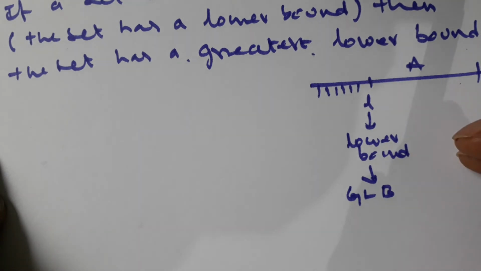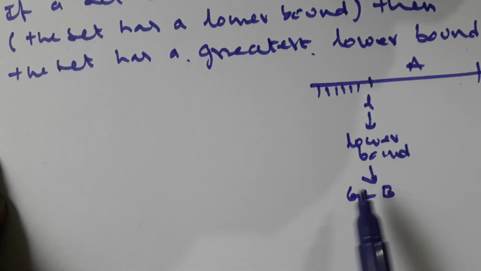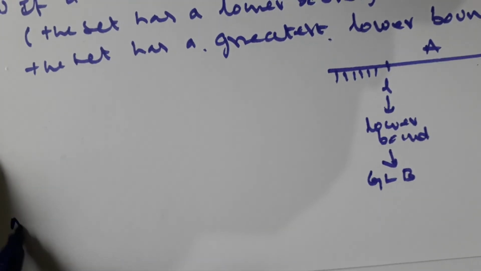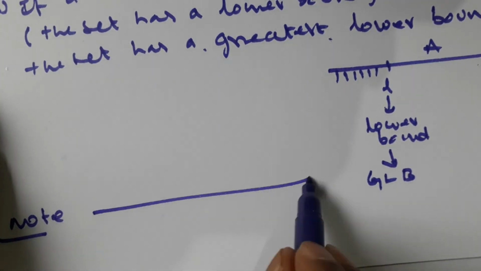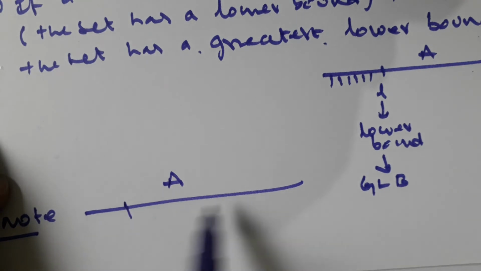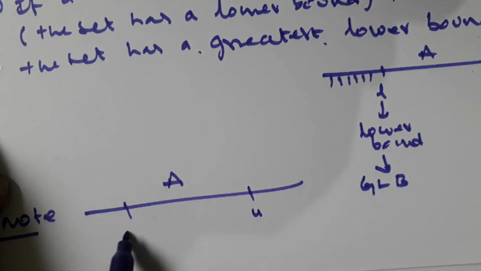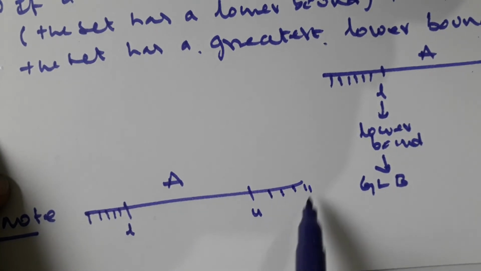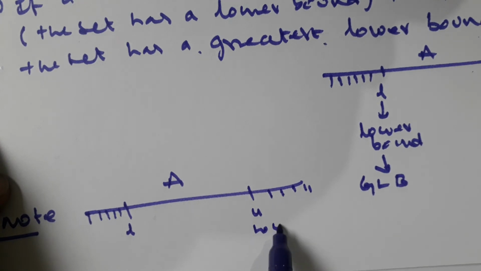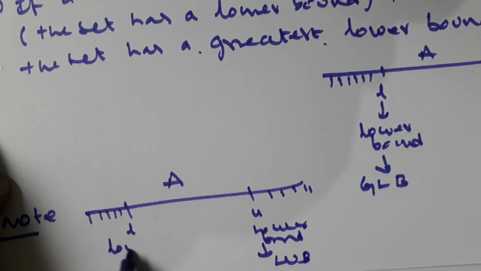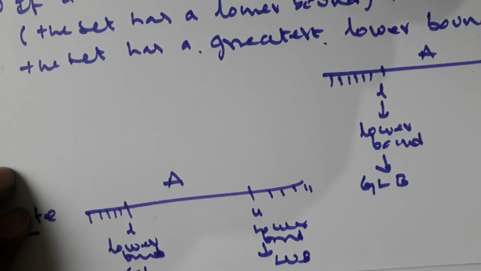So this is the least upper bound and this is the greatest lower bound. Every set, this is the set A, has an upper bound and a lower bound. These are all the upper bounds of the set and these are all the lower bounds. This is the LUB, and similarly this is the GLB.